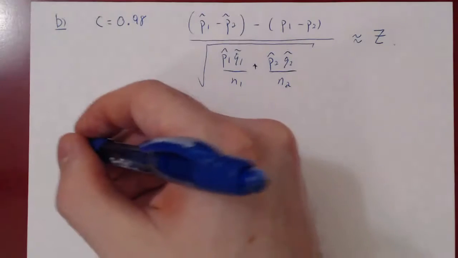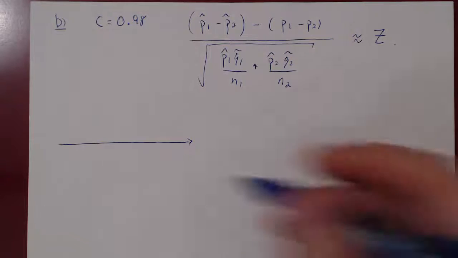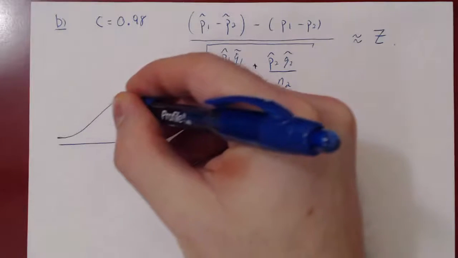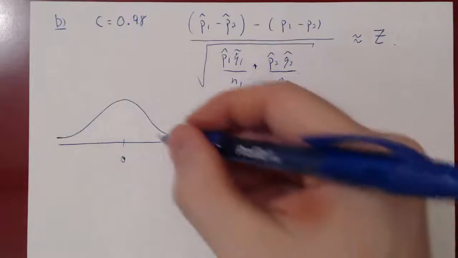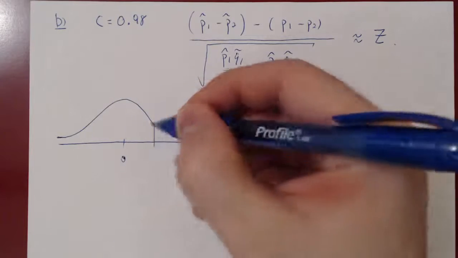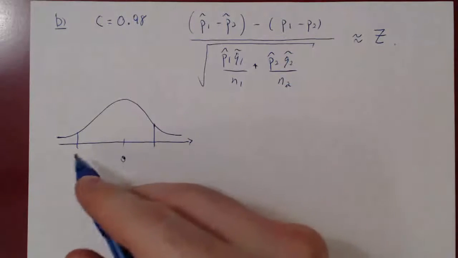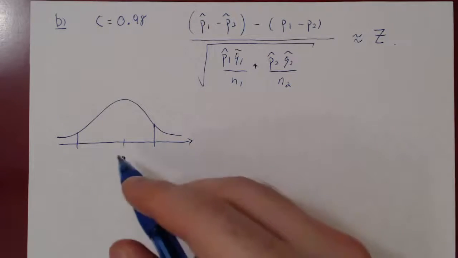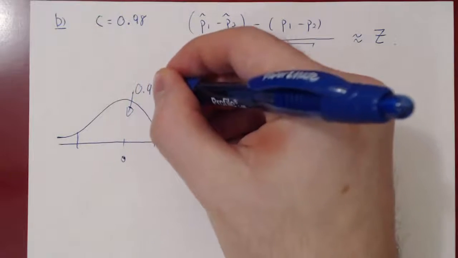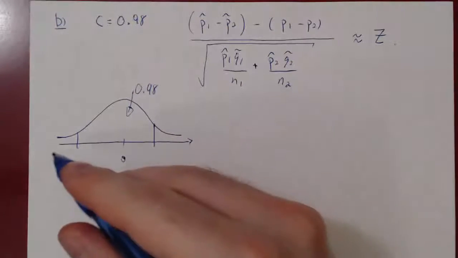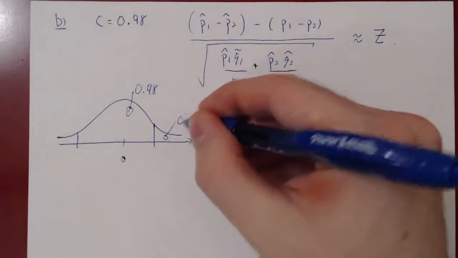So we can draw our distribution, being the Z distribution, the standard normal. We want the central part of our distribution to have an area of 0.98. This is a rather bad picture because it will be symmetric about 0. That's 0.98 in the middle. That leaves 2% for the two tail ends. By symmetry, they both must have an area of 1%.